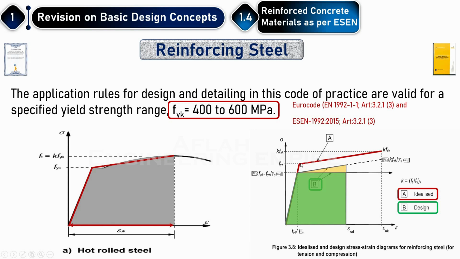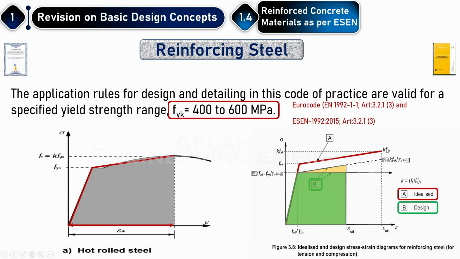So you have these 4 points, and these are the points that ETABS or similar software will ask you to enter. So this is fyk divided by the factor of safety gamma s. If you multiply this by a factor k, you get this point, and if you multiply again by a factor k, you get this point.